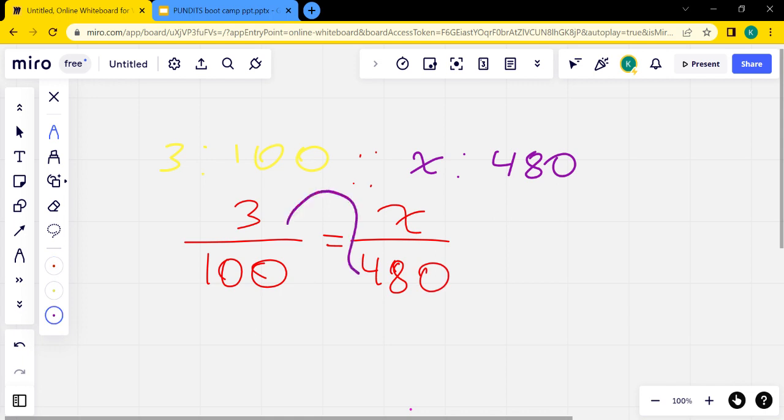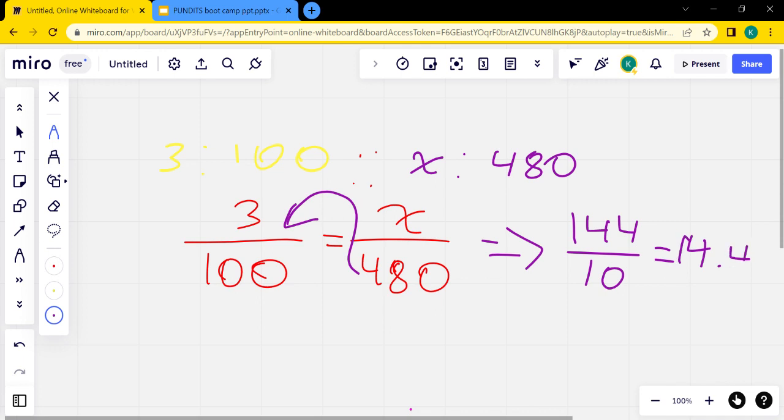Take the 480 to the other side and we're going to get 144 divided by 10. This is 14.4. Therefore, x is 14.4. Now, just off of this, you would mark the answer as 14.4.